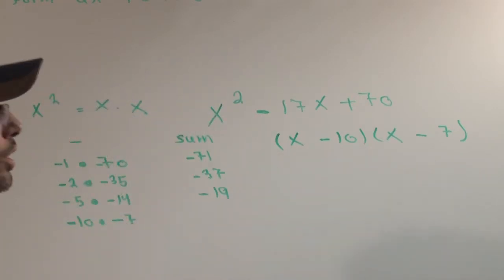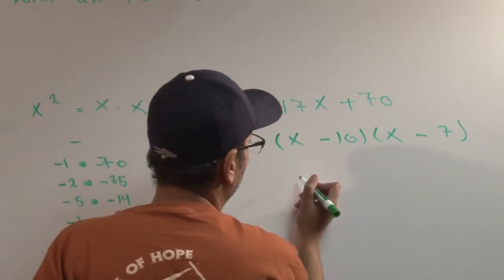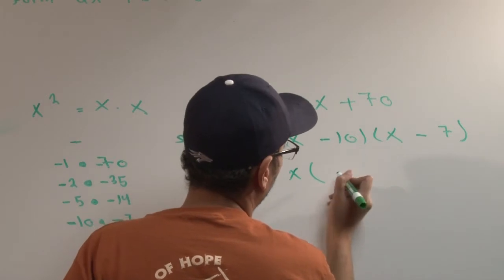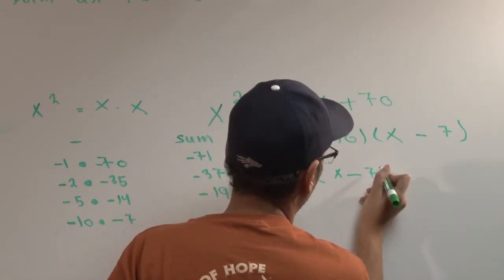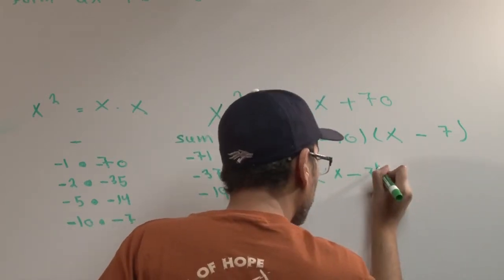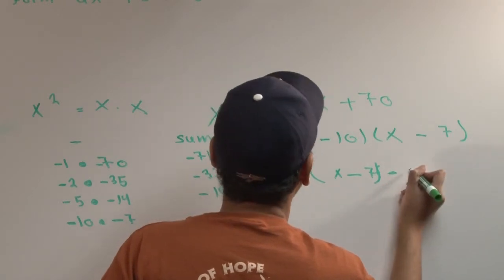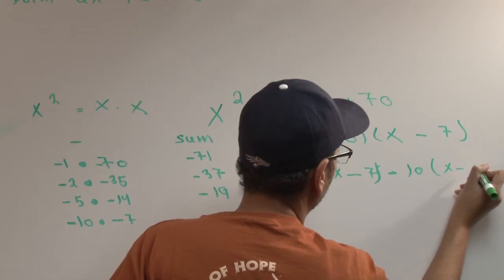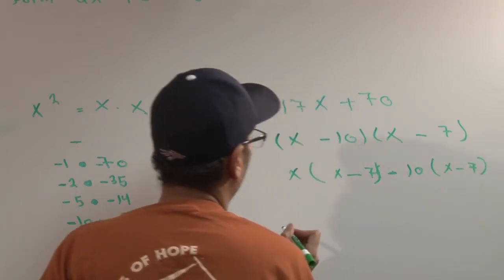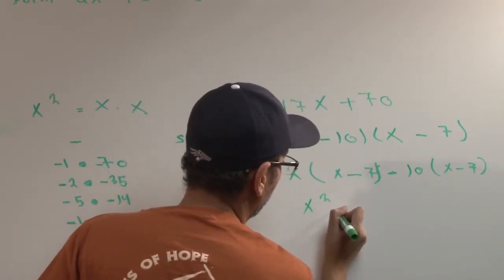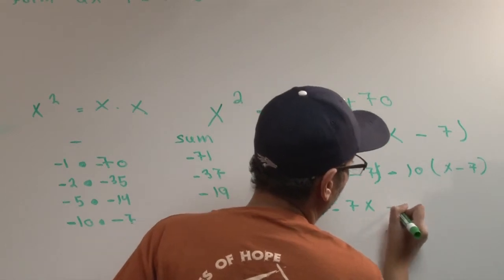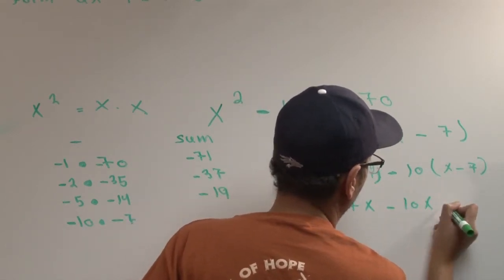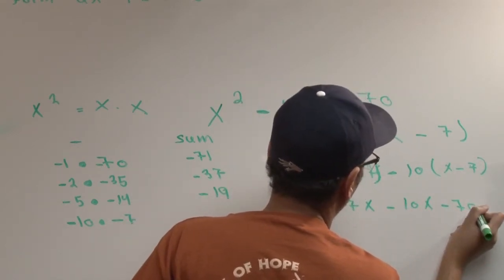Let's check the answer. x times x minus 7 minus 10 times x minus 7. So that would be x squared minus 7x minus 10x minus 70.